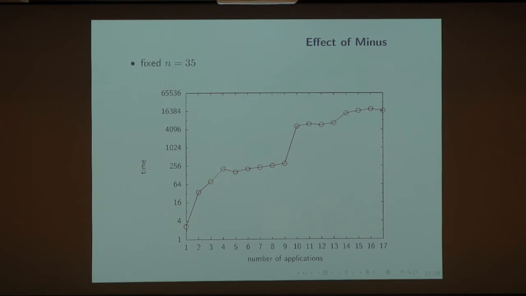And that's validated experimentally. Here we fixed the parameter n and looked at the running time of the algebraic attack for various numbers of dropped equations. And while this may not be as even as we had hoped, it's certainly, the trend is clear.